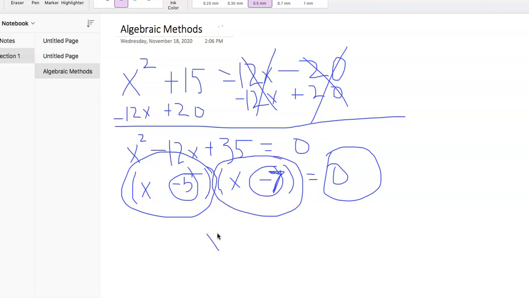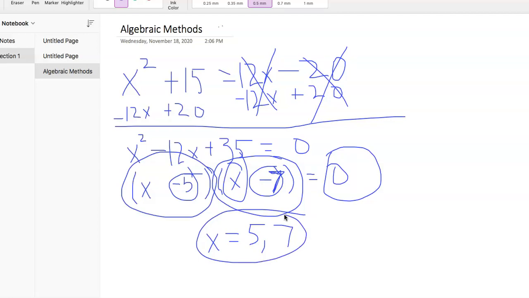And so if we have x equal 5, 5 minus 5 is 0, and that's going to make the solution 0. Okay, so that's a good answer. And if x equals 7, that also will work, right? Because if I put 7 in right here, then 7 minus 7 is 0. Bam. X equals 5, x equals 7. That's the solution, right? Either of those will work.